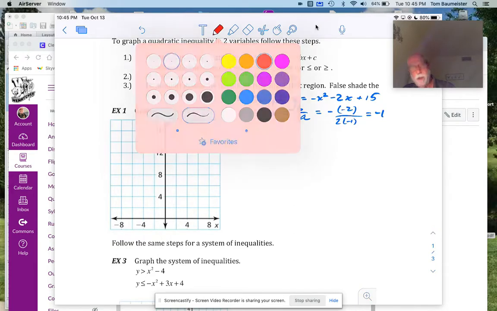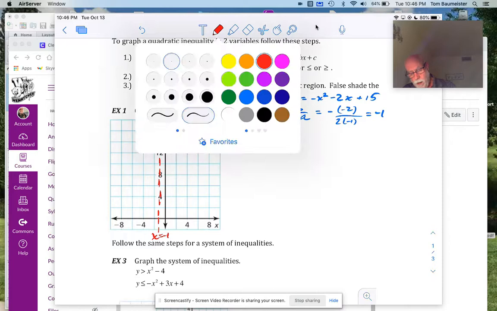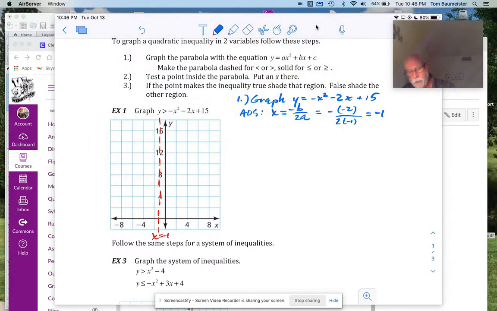I'll warn you, look at the scale there. This one is going by 2s. So we're going to make our axis of symmetry here at x equals negative 1. Remember, to get our y value for our vertex, we take f of negative 1, replacing x with negative 1.